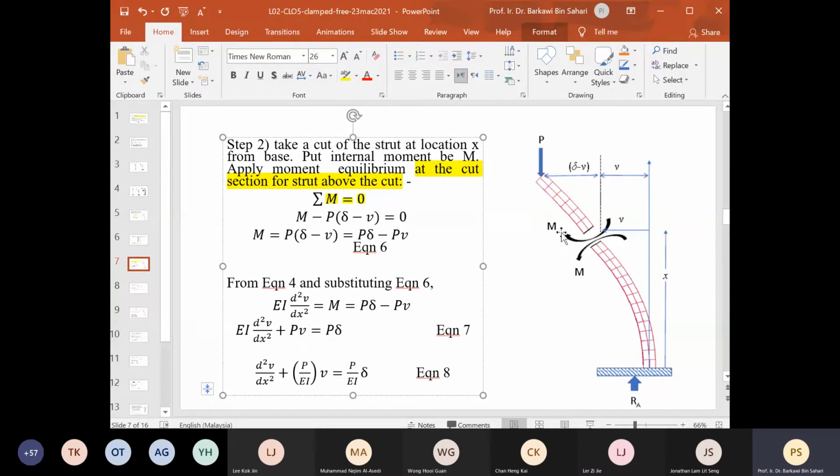When we do that, the equilibrium is taken at the cut, so you can put your fingers at the cut and see which direction of moment P gives.